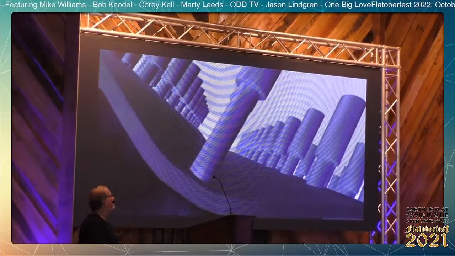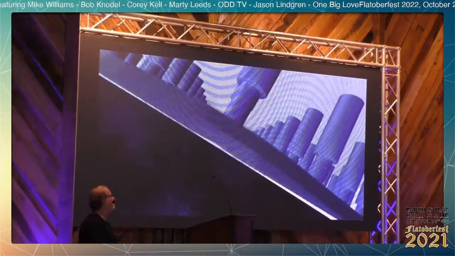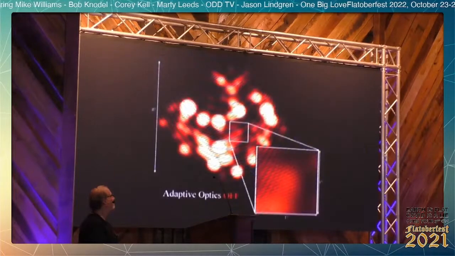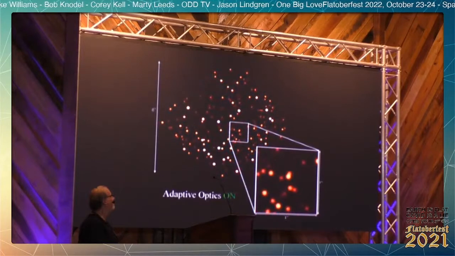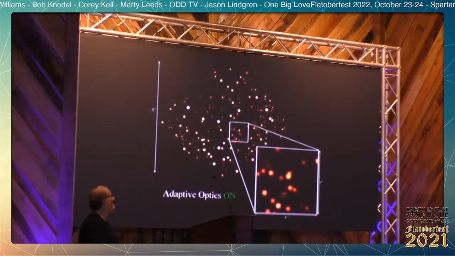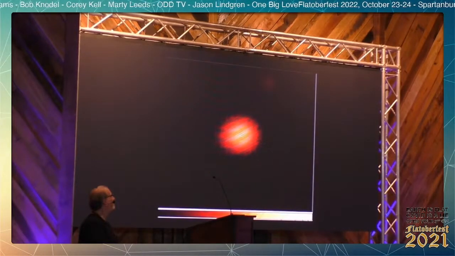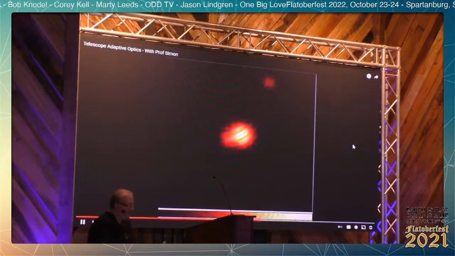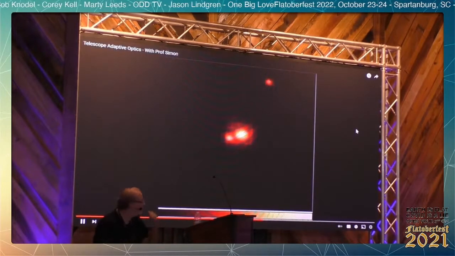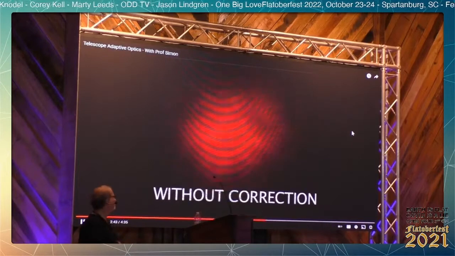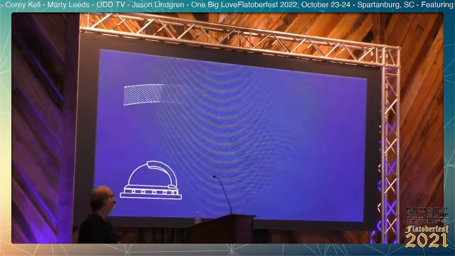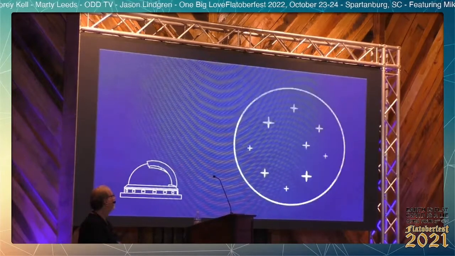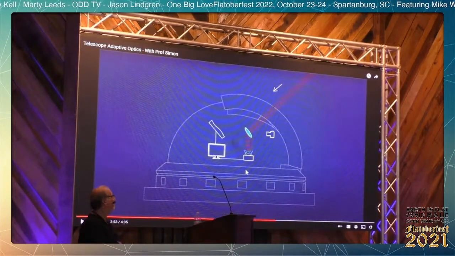Hundreds of these bend tiny parts of the mirror, distorting its shape and cancelling out the twinkle. Light from a star near the laser can now be seen in much greater clarity. The latest adaptive optical telescopes are 10 times sharper than the Hubble Space Telescope.